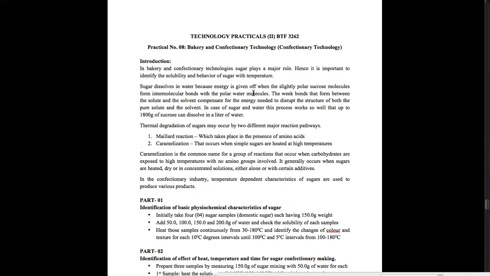Confectionery products are very commonly available, and people in any age category are very interested in consuming confectionery. So in this practical 8, we are going to develop some selected confectionery food products. And before that, sugar behavior is very important.